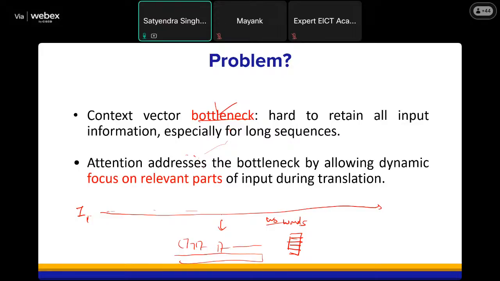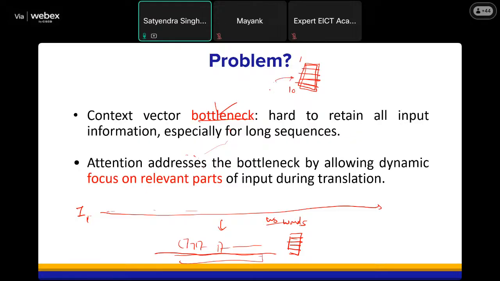The problem is your context vector is fixed. Context vector is nothing but a collection of numbers having some fixed memory. For example, with a vector of size 10, you can put 10 values. So that fixed size context vector wanting to capture the information from all the words, especially in long range sequences, creates a problem.